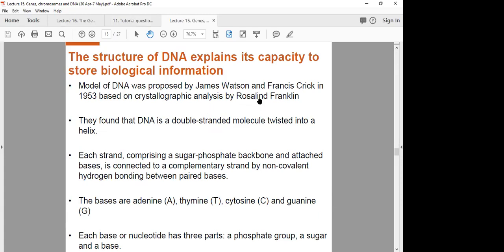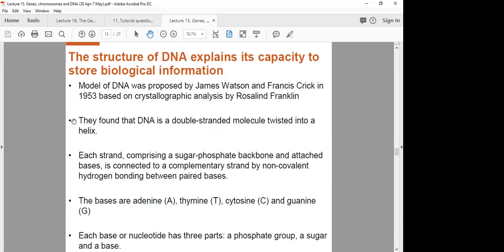Another scientist called Rosalind Franklin actually carried out the crystallography experiment using wet DNA. So she got these beautiful results, but she didn't have time to analyse them. Watson and Crick apparently got their hands on her results. They analysed the results and they proposed the model of DNA structure. So quite a story. You can look that up if you like.